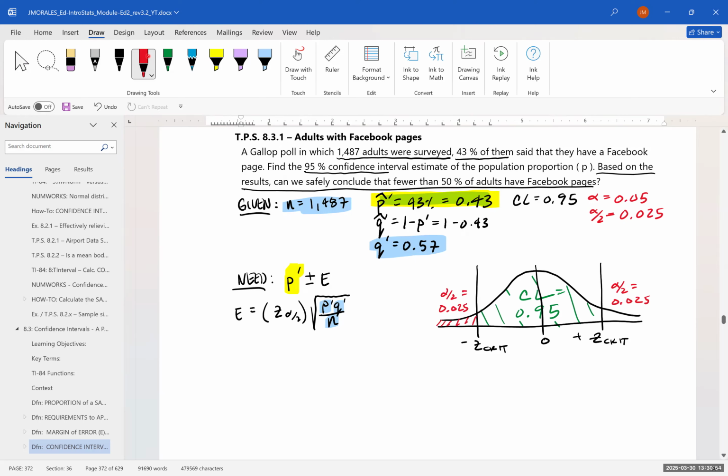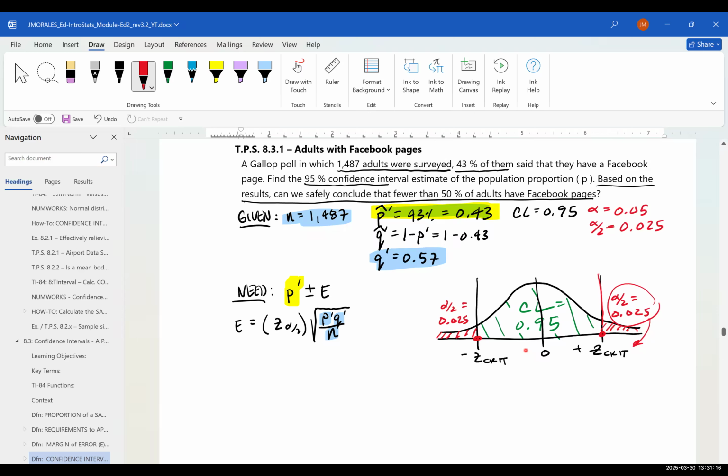Okay, so the area in each of these tails is 0.025. We want to get these critical values that border the confidence level and the significance level. So we'll use our inverse distribution function to convert an area to a value here on the number line.